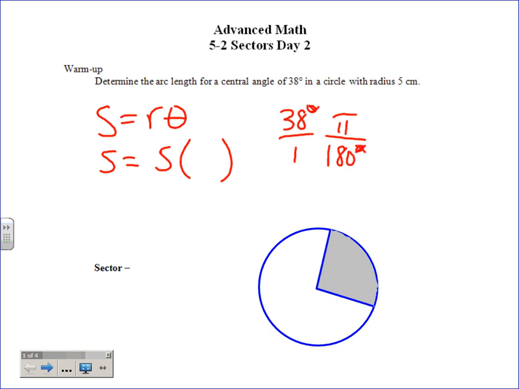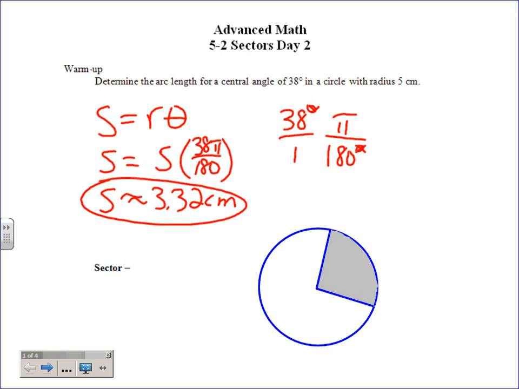In essence, you can just put the 38 pi over 180 right in there, multiply that out, and it comes out approximately to 3.32 centimeters. And remember, at 38 degrees, the arc length is going to be less than the radius, because it's at 1 radian where they are actually equal.